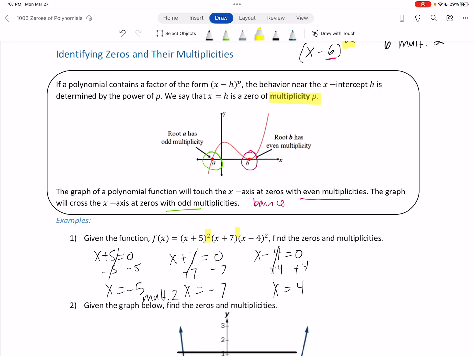In the second one, there's no exponent, so that's a 1, so multiplicity 1. And in the third one, I have an exponent of 2 again, so multiplicity 2. So at x equals 4, it's going to look like an x squared. At x equals negative 7, it's going to cross right through. At x equals negative 5, it's going to do that bouncing thing again.